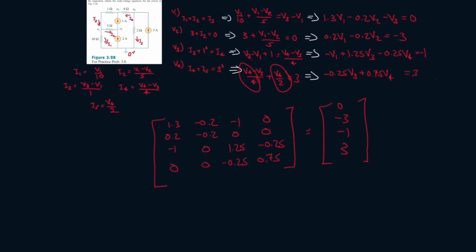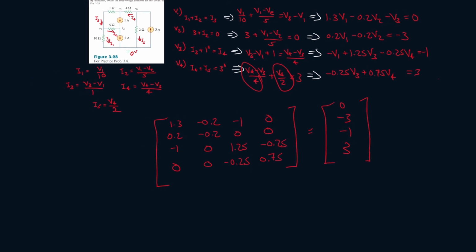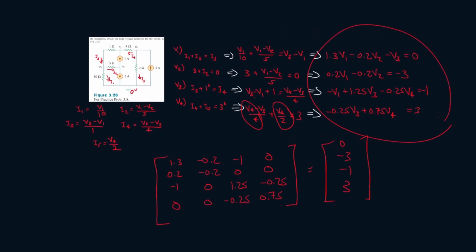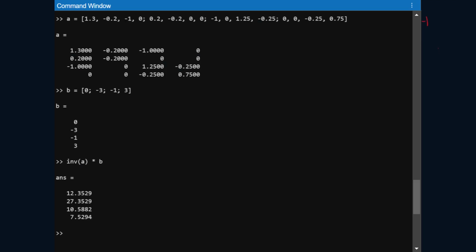Now there's a lot of ways to solve for our node voltage values. We can either solve this matrix by putting it into row echelon form, reduced row echelon form, or we can substitute and eliminate, or put them through MATLAB. And at the end, you should get the following values.